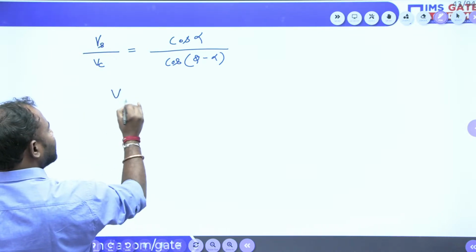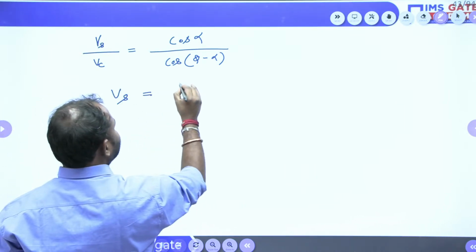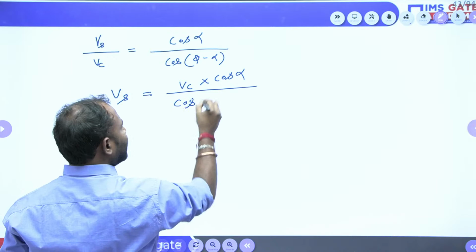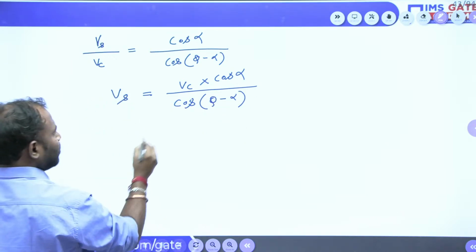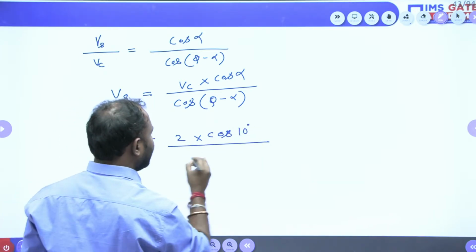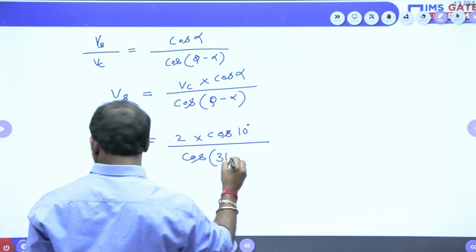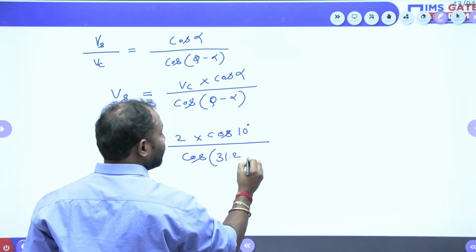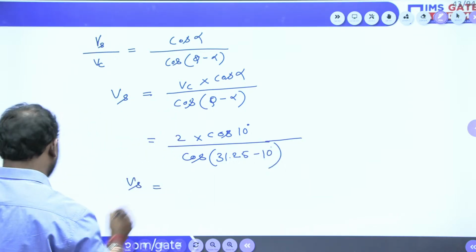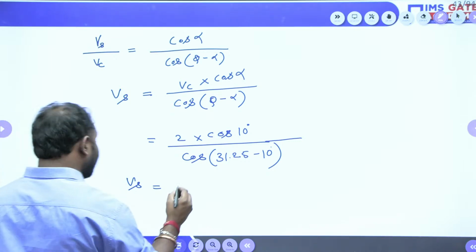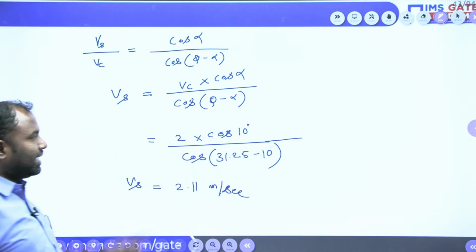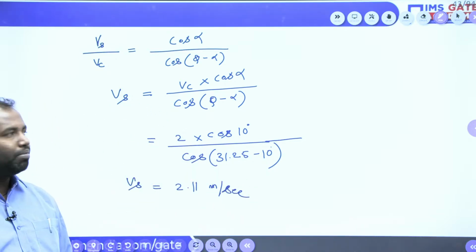Vs equals Vc into cos alpha divided by cos of phi minus alpha. Here Vc is 2, so 2 into cos 10 degrees divided by cos of 31.25 minus 10 degrees, such that I get Vs equal to 2.11 meter per second, since I considered it as meter per second.